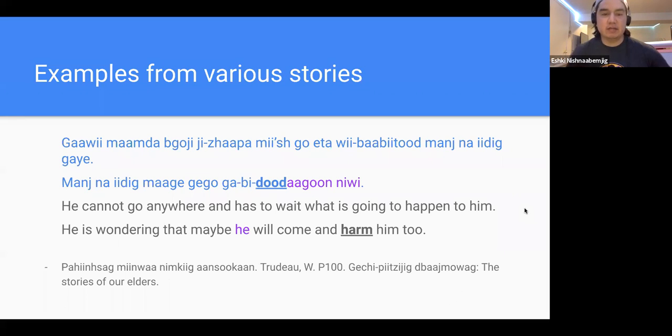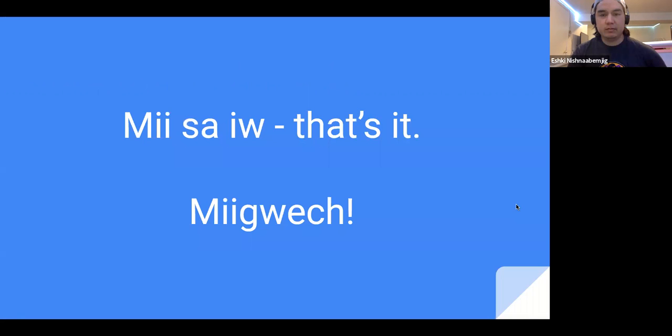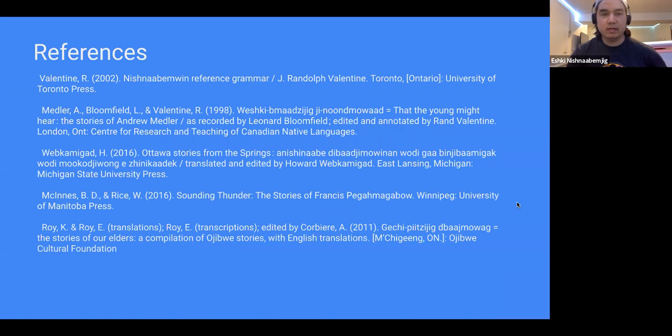But in the context of the story, he knows he's going to do something that's going to harm him, I guess. So gabaduda gonnewe. So he's wondering if that guy is going to come and do something to him, that obviated person. Oh, yeah, that's it, I guess.